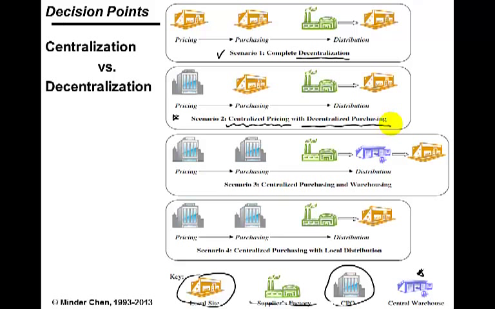So the purchasing has been decentralized, but the pricing and negotiation of contracts have been centralized by the central purchasing office. There are other configurations that you can consider in terms of how we should take advantage of some centralized planning, and also take advantage of the flexibility of decentralized execution.